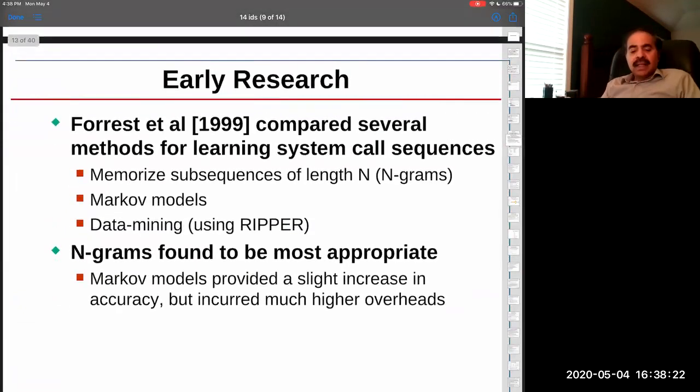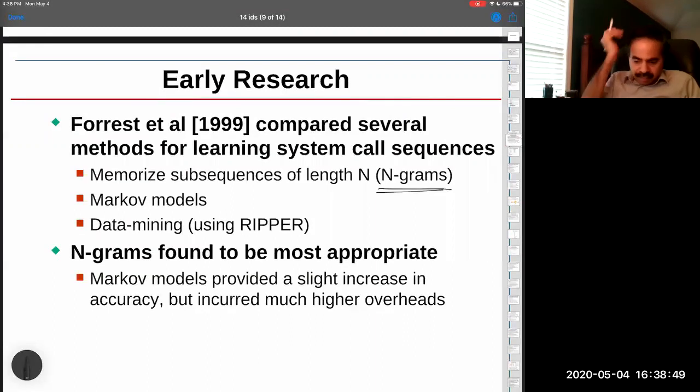People have looked at this problem for quite some time. In the literature, the simplest technique for learning properties of sequences is called the n-gram technique. The n-gram looks at substrings in the sequence.